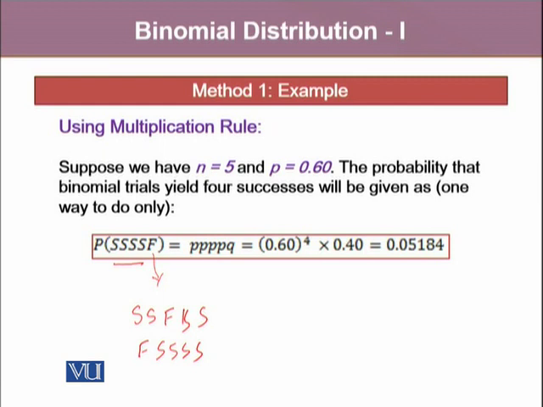It doesn't say what order they will choose. So this is just one combination that we have talked about, but there could be more. Using the multiplication rule will make it more and more complex, because we will have to find the probability of each sequence of these successes and failures. And it will become much more complex if there are 2 failures or 3 failures, or as it grows.